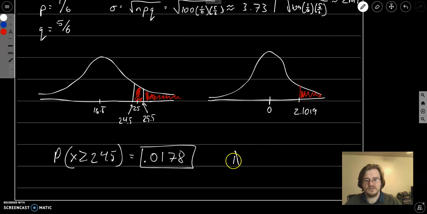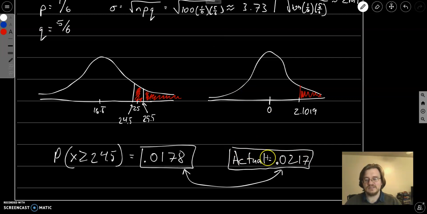So the actual value is 0.0217. These are pretty close, and because we have the calculator, it would make sense to just calculate this directly. We're not in a situation that requires a normal approximation.